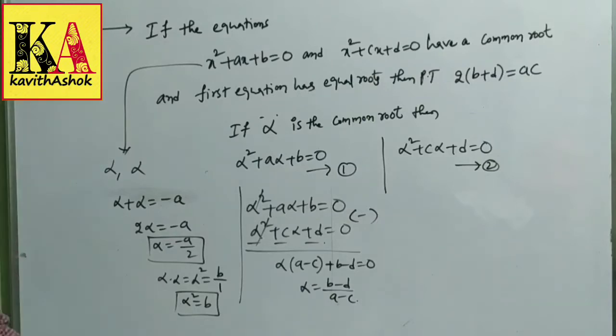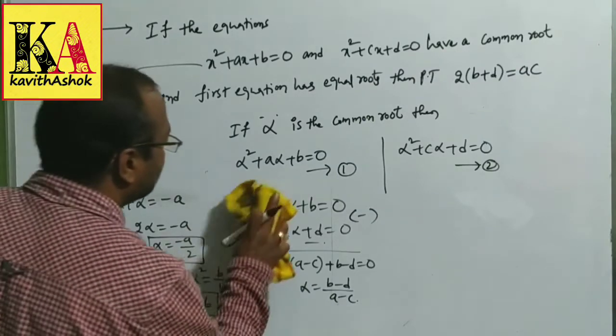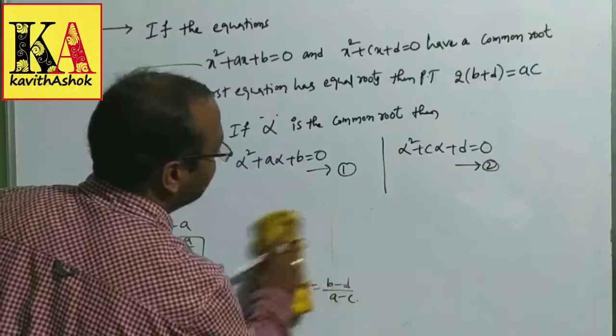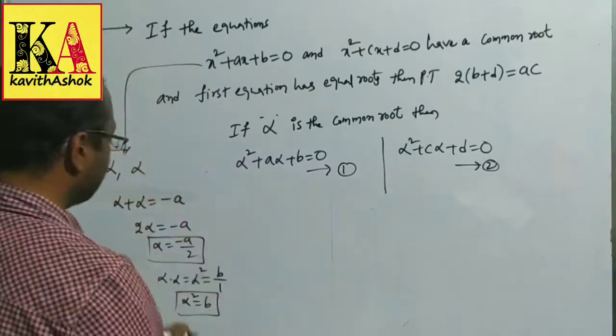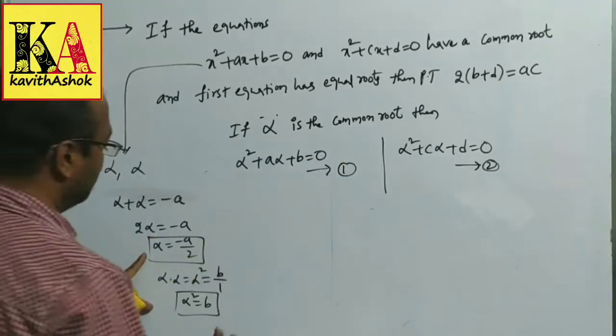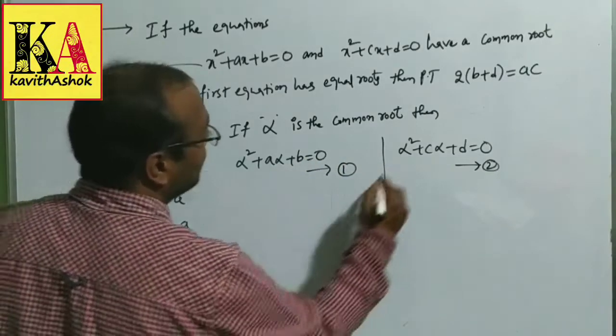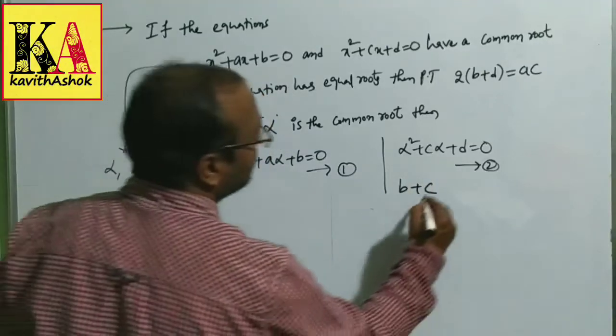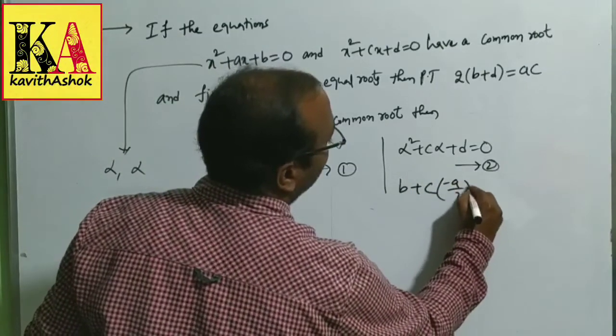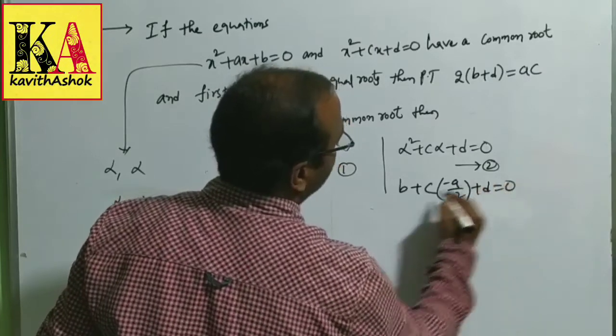So we will do like this here. Without using this also we can calculate. What it says here? Equation 1 has equal roots. Now we are substituting these values in equation number 2. In the place of alpha square, this will be b, plus c into, in the place of alpha, we will replace minus a by 2, plus d equal to 0.